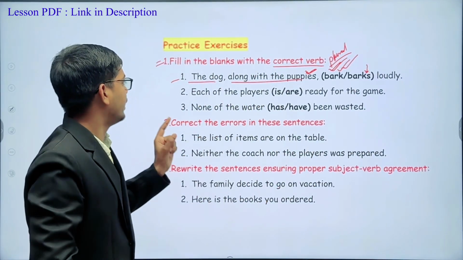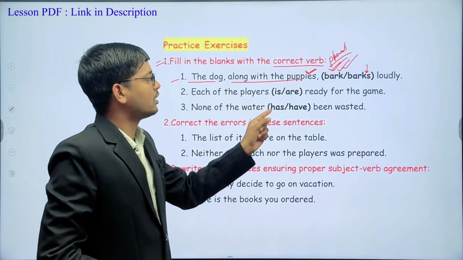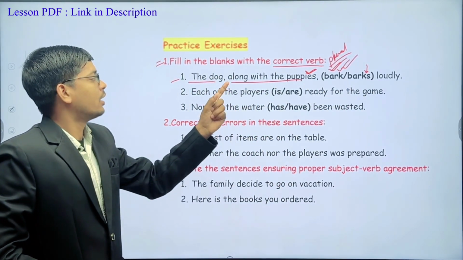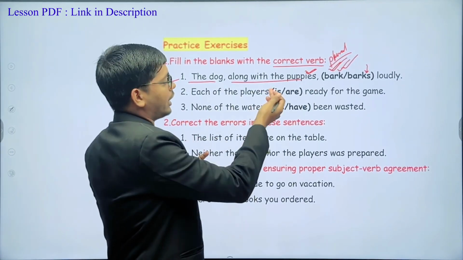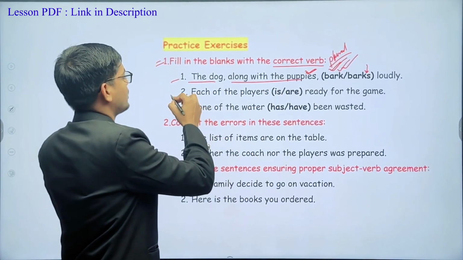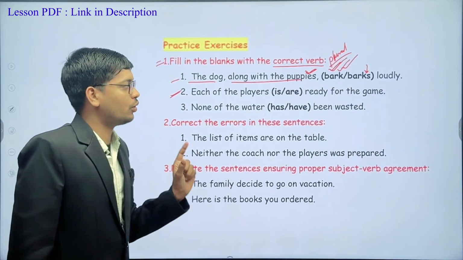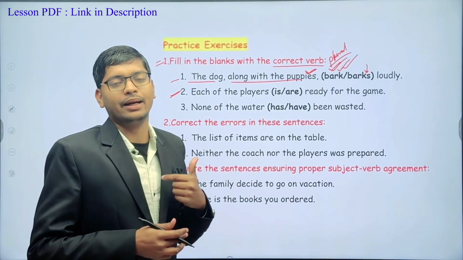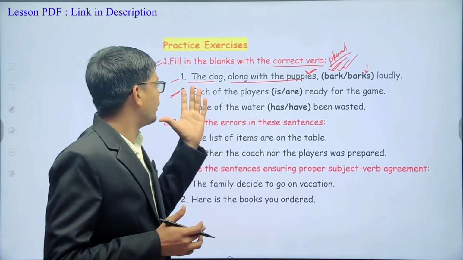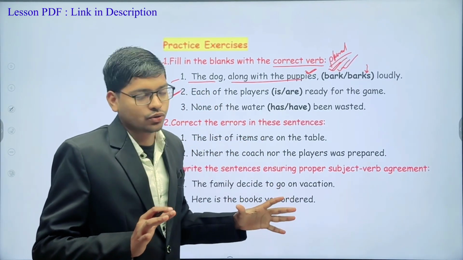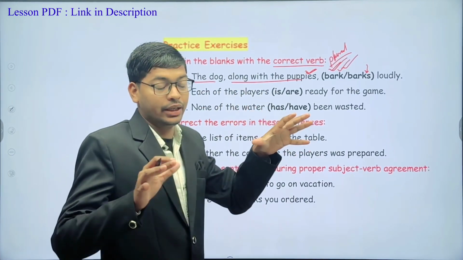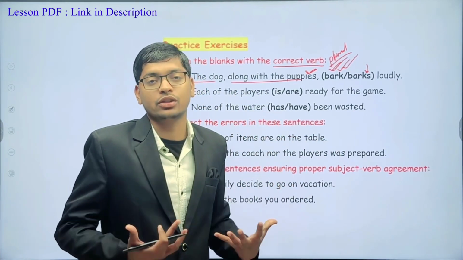Next, each of the players is ready for the game. What is correct here? In our second question, we saw in our advanced rules, with each or every we have to use only a singular verb.